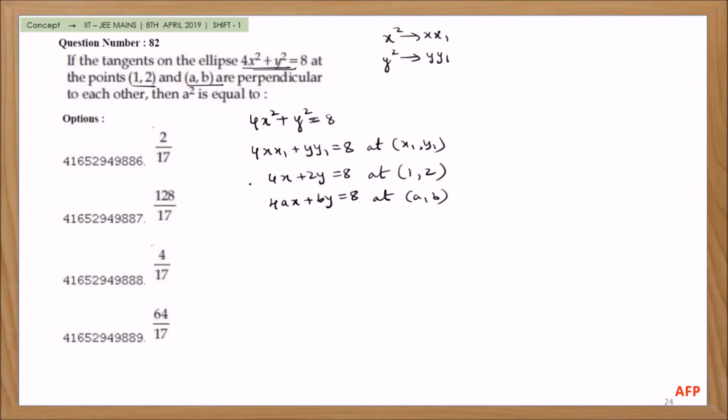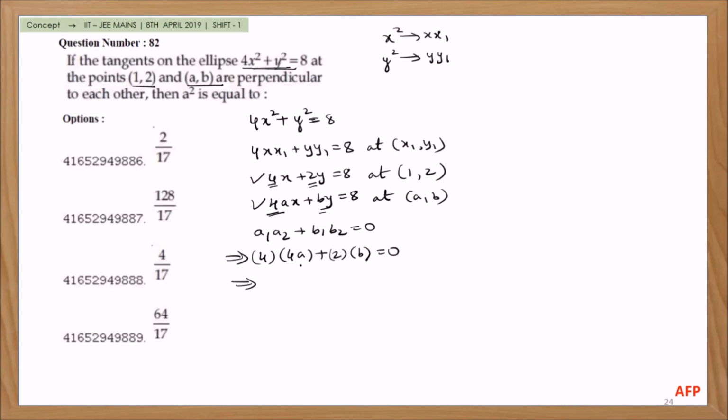Since this first tangent is perpendicular to the second tangent, the condition is a1 a2 plus b1 b2 equals 0. This is the condition for perpendicularity. So here a1 b1 a2 b2: 4a plus 2b is equal to 0.